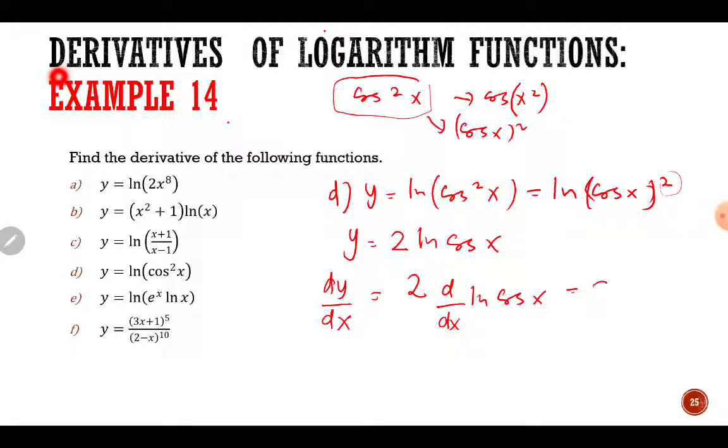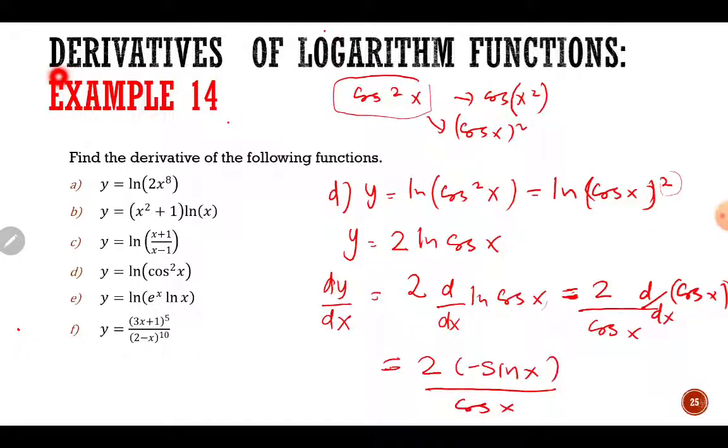Then here maknanya 2 over, kan, kita nak differentiate ln, whatever kita yang dalam ln ni kita boleh letak kat bawah, cos x darab dengan d dx of cos x yang kat bawah ni. Okay, so in this case kita akan dapat 2 differentiate cos, kita akan dapat negative sin x over cos x. Ataupun dia samalah juga dengan negative 2. Sin over cos is tangent x. Okay, so this is our final answer untuk D.